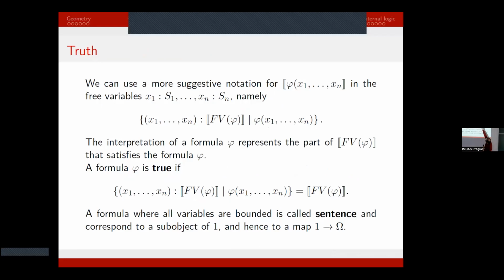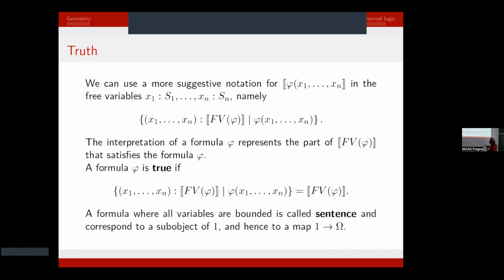So instead of writing interpretation of phi, x1, and so on, we write it in this suggestive way, which shows us the comparison with set theory. Here we can really see that if we take, instead of a generic topos, we take Set, then this formula is exactly the set of x1, ..., xn such that the formula phi is true. So this is useful to keep in mind.